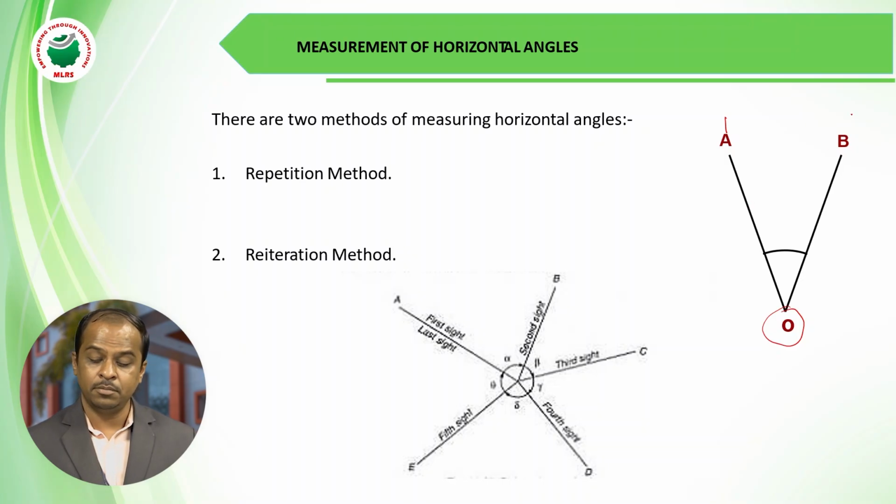We bisect B. Then, by taking the readings from vernier A and vernier B, we get the average reading of horizontal angle theta. So this is one repetition.